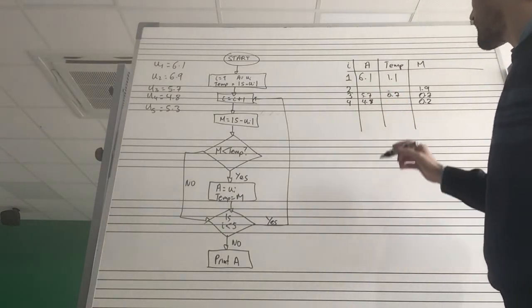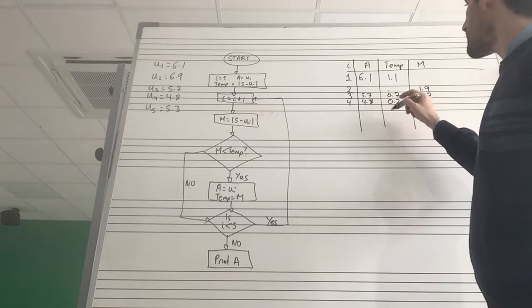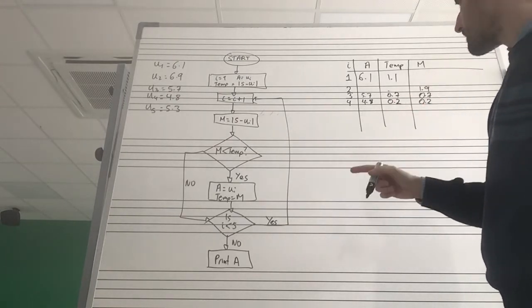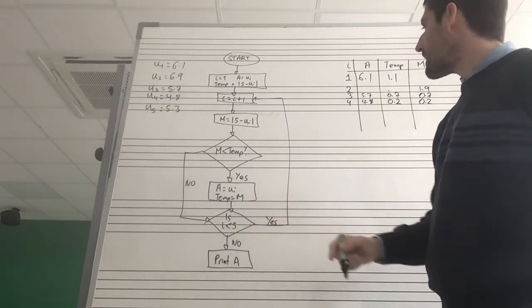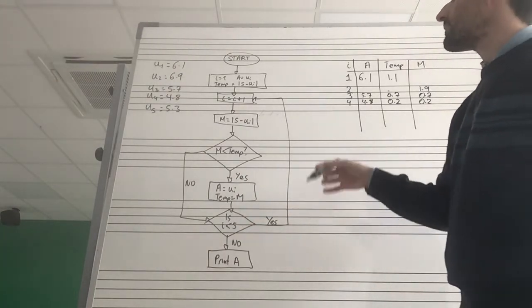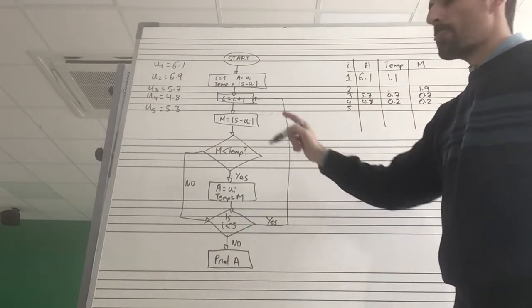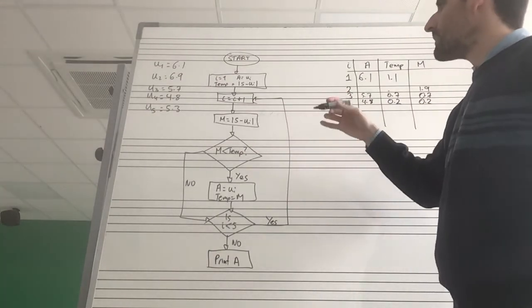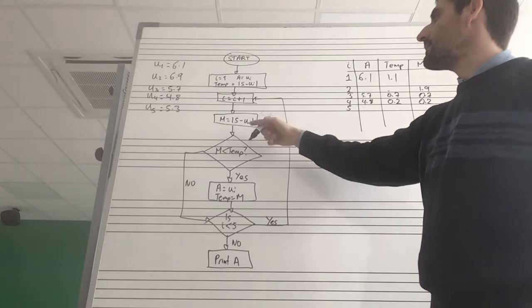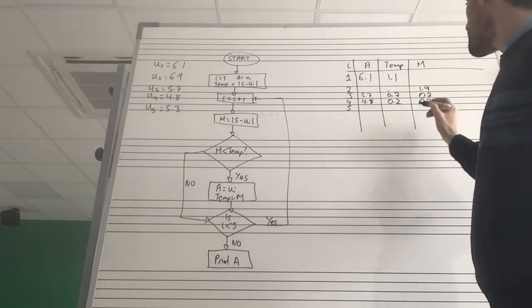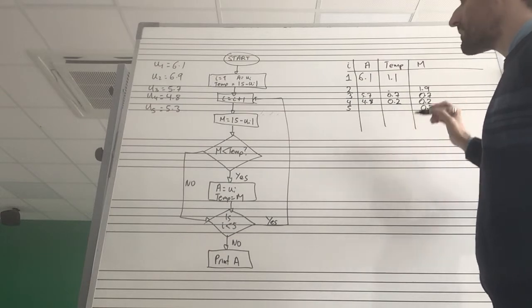Temp is now n, so temp is now 0.2. Right, move on. Is I less than 5? Yes, so we go back up. So now I is 5. n is the absolute value of 5 minus ui. I is 5, so u5 is 5.3. So n is now 0.3.